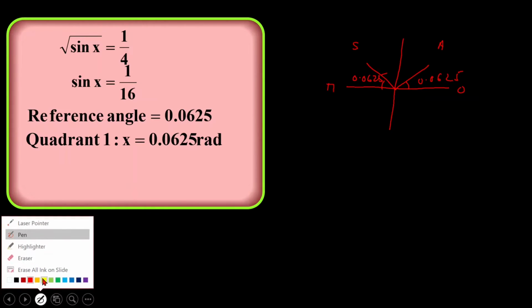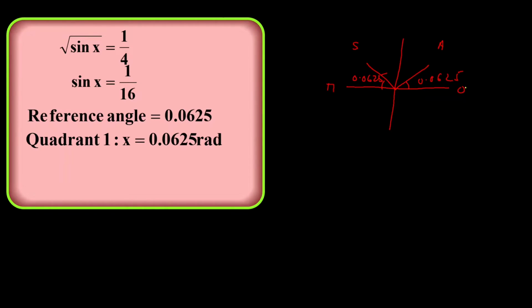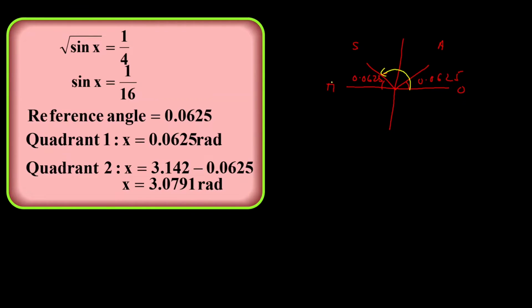It is actually from here until there, which means I will take 180 degrees, my pi, minus 0.0625.